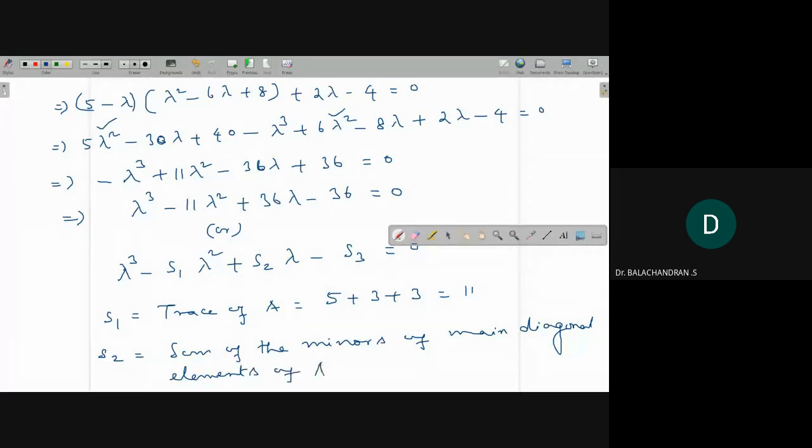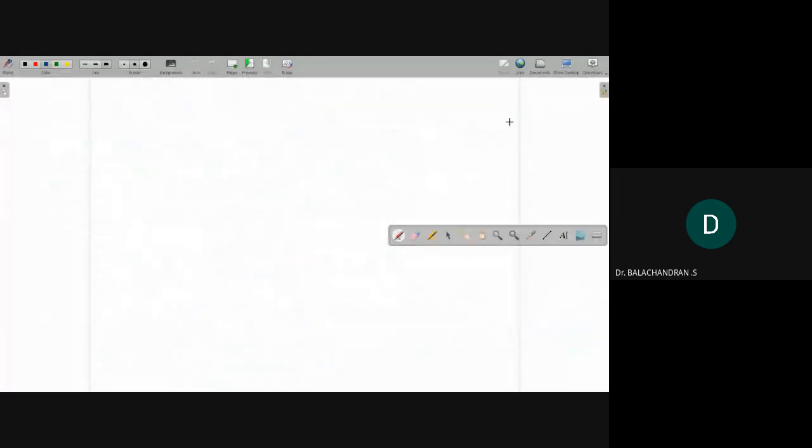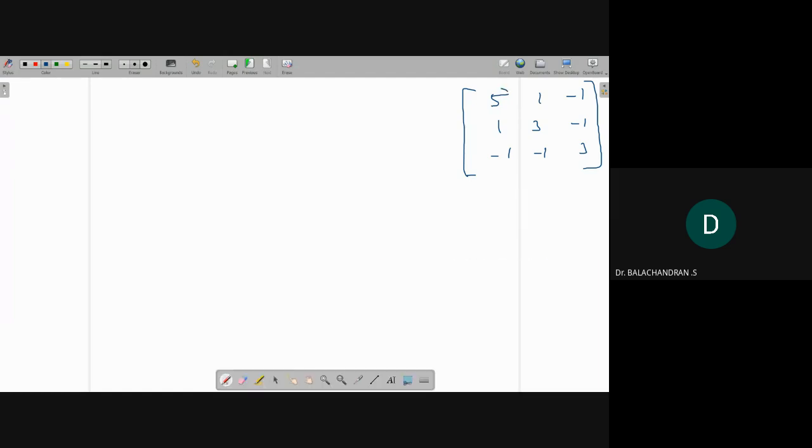So this is how to find it. What is the matrix A? 5, 1, minus 1; 1, 3, minus 1; minus 1, minus 1, 3. First fix this diagonal element, leave this row and this column. The remaining 2 by 2 is 3, minus 1, minus 1, 3.